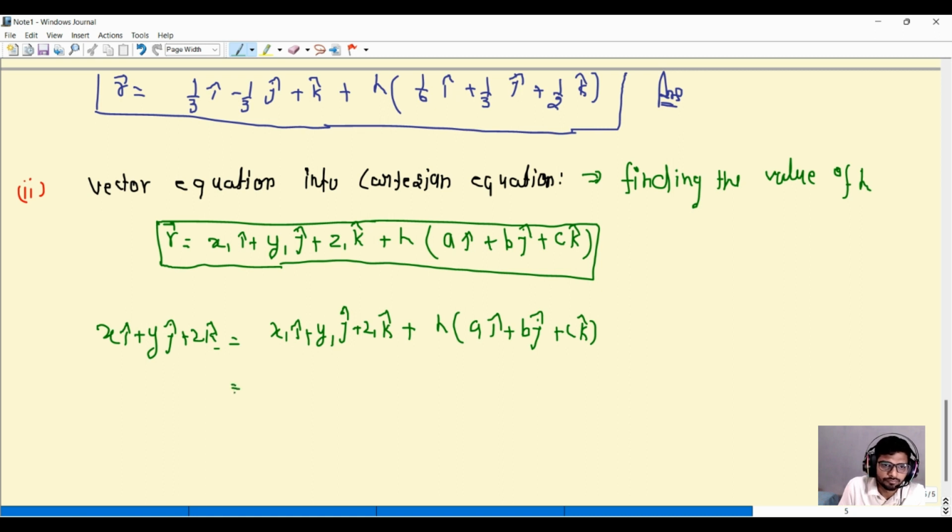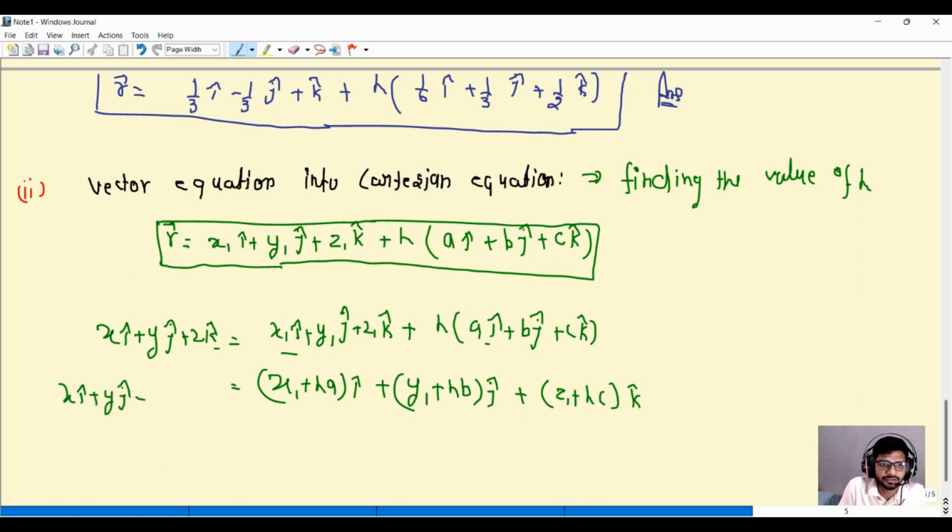So putting together the terms with i: x plus lambda a into i, plus y1 plus lambda b, plus z1 plus lambda c. This goes to xi, yj and zk.